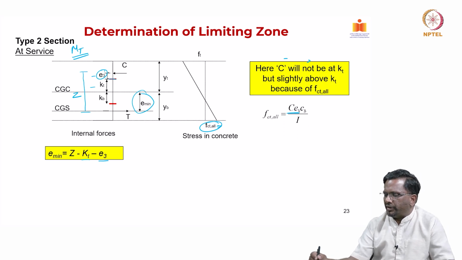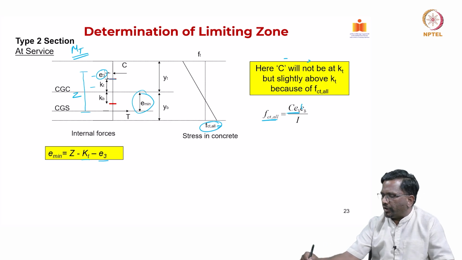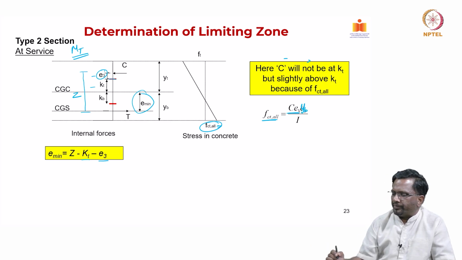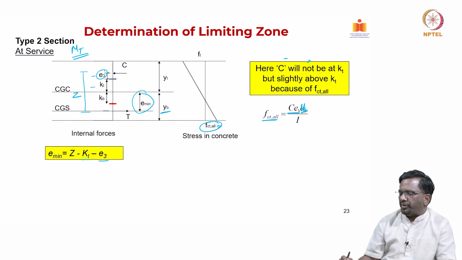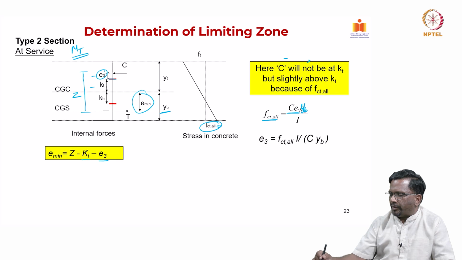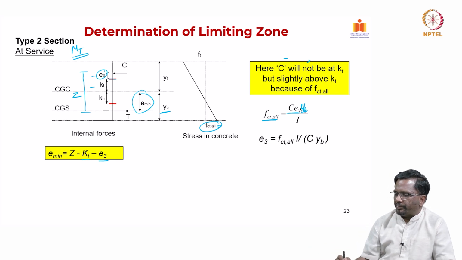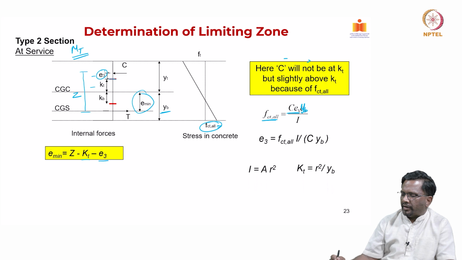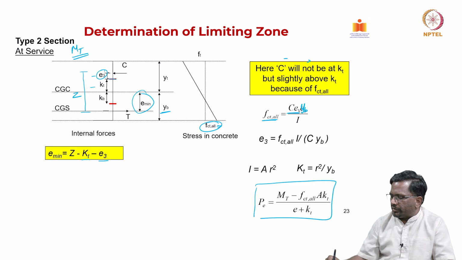C into E3 is creating this FCT allowable, and here I should say YB, because the distance is always measured in terms of Y. So YB I put by I. So E3 can be FCT allowable times C by YB, okay. And I is equal to A R square, KT equal to R square by YB. Then I can write P in this form like this, okay.